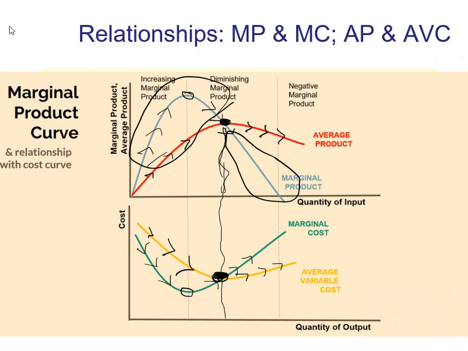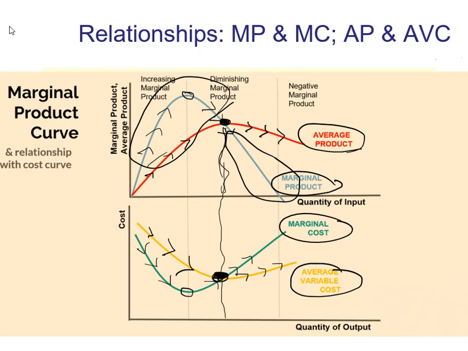So this is another inverse relationship between average product and average variable costs. These will always have inverse shapes of each other. And your marginal productivity will always have an inverse shape of marginal cost.